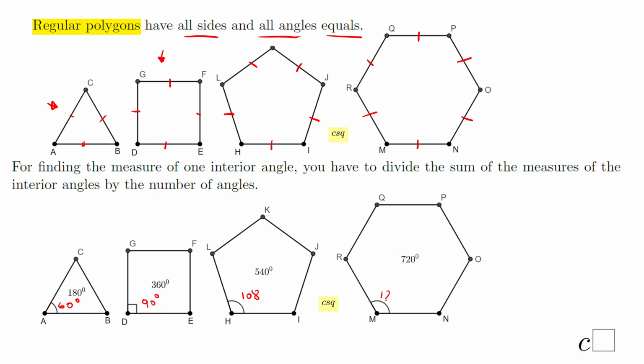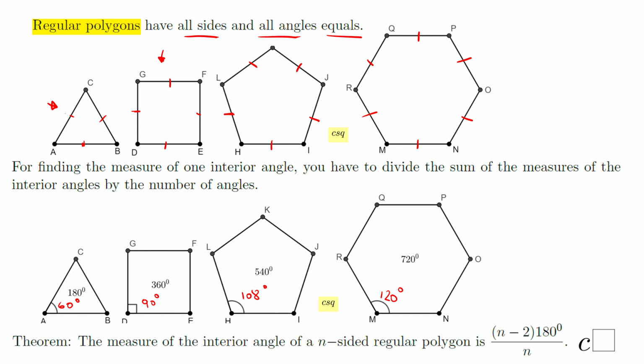That tells us every single angle is 120 degrees. So obviously there is a way to find the measure of an interior angle of any regular polygon. And this right here, this is the formula you can use for finding the measure of one interior angle of a regular polygon.